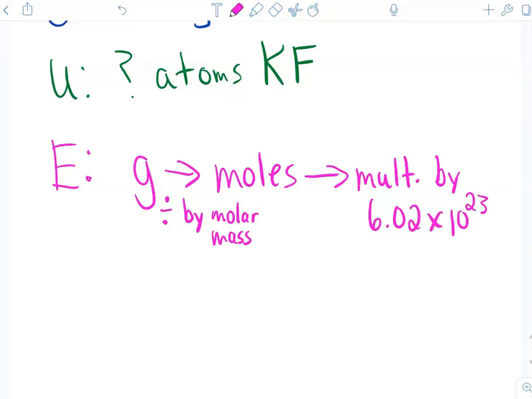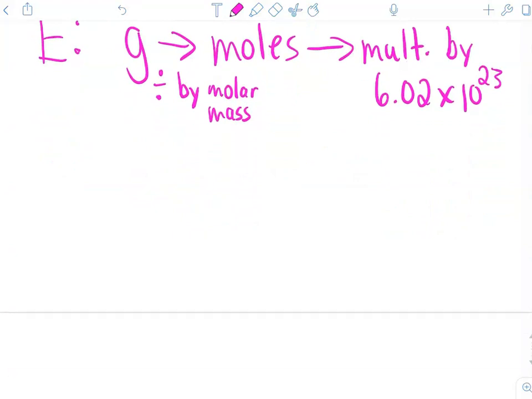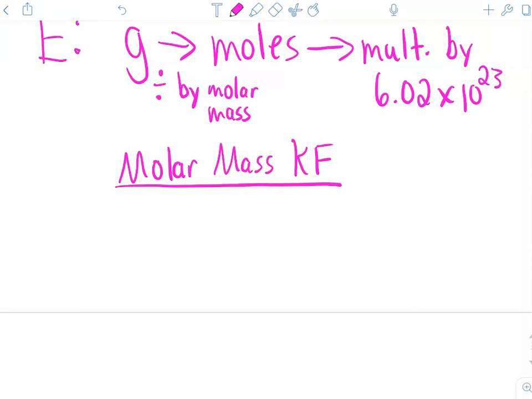Okay? Now, we have to find the molar mass of KF. And again, I'm not going to go through and show finding these masses on the periodic table.